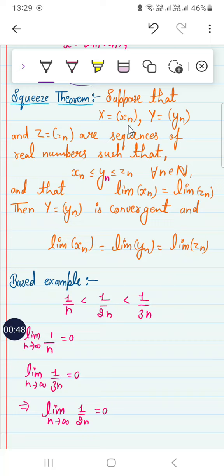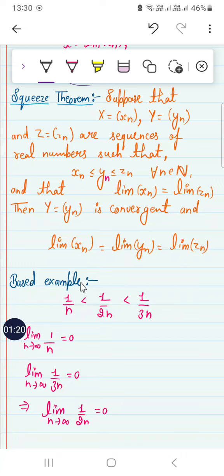If we have three sequences, yn is squeezed in between xn and zn, and the limit of xn is equal to the limit of zn, then yn is convergent, and the limit of yn also equals the limit of xn and the limit of zn. That is the sequence squeeze theorem, right?